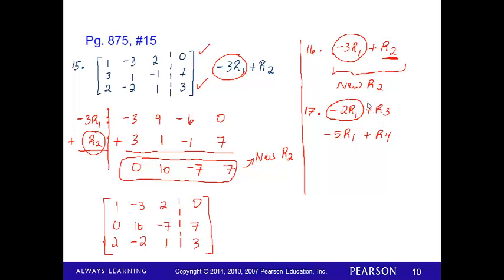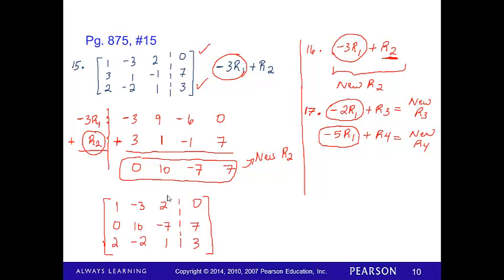Then you add to row 3, which means this is going to become the new row 3. And then the second thing they want you to do is negative 5 times row 1. Add to it row 4, and this will become the new row 4, which means row 1 and row 2 are absolutely going to stay the same.